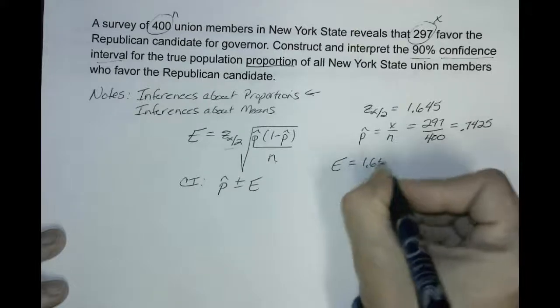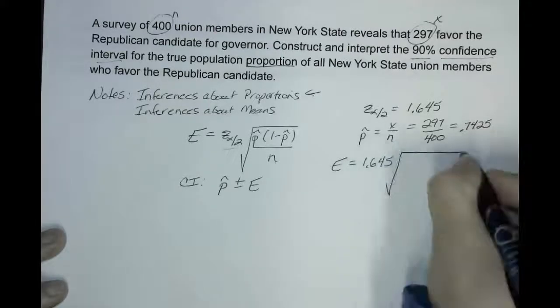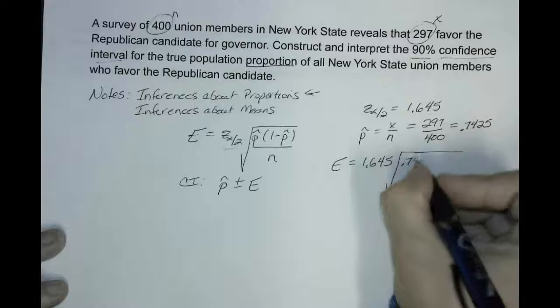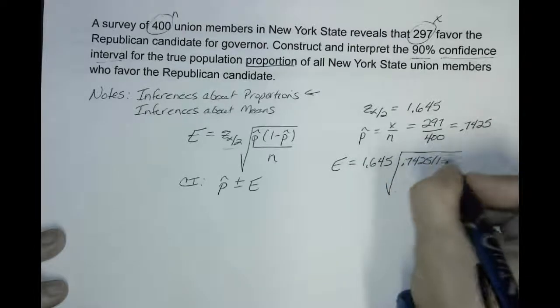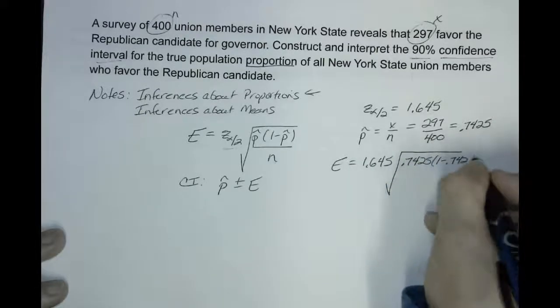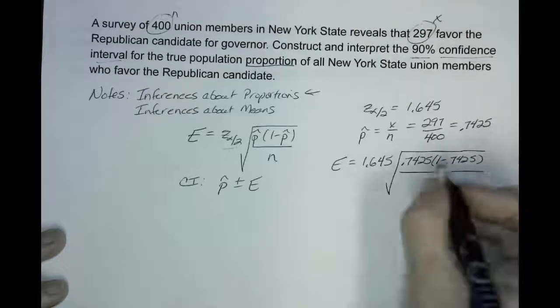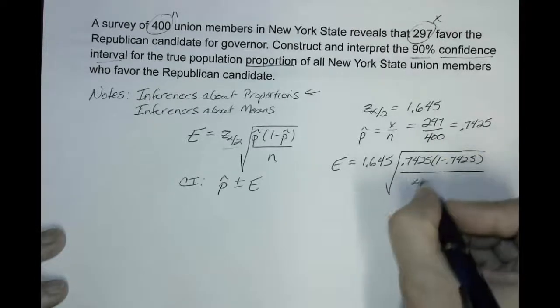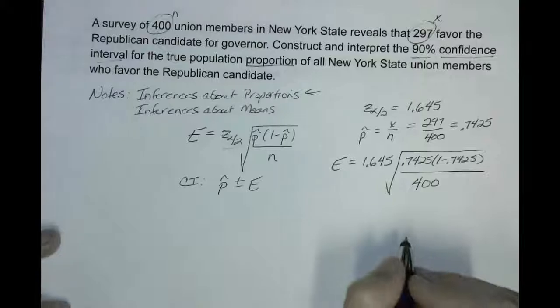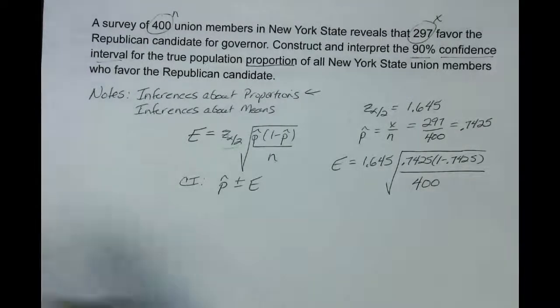So we have our 1.645. We have our p hat, and 1 minus p hat. And then our n is 400. So we're just going to plug all of that into the calculator and get our margin of error.